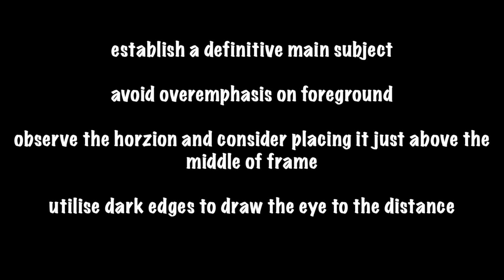So consider tilting down slightly so the eye will intuitively start in the foreground and then flow on to the background. And darkness, light: the eye will be drawn to light, so use darker edges in order to lead the eye towards the light, which will hopefully be somewhere where that main subject is.